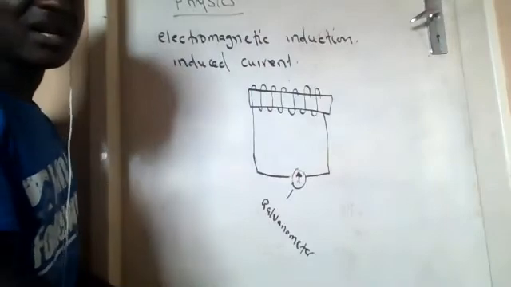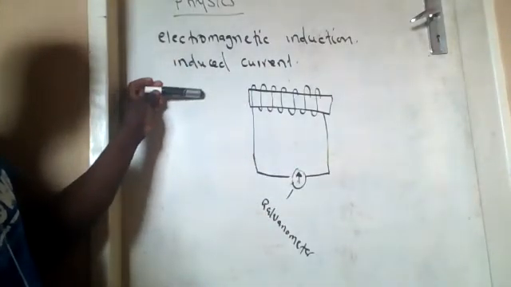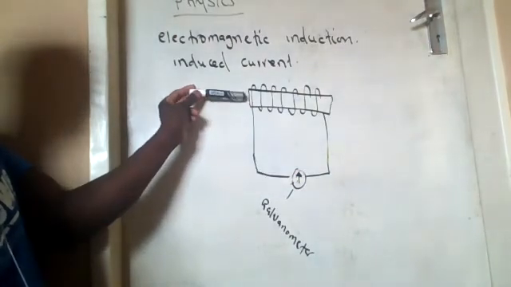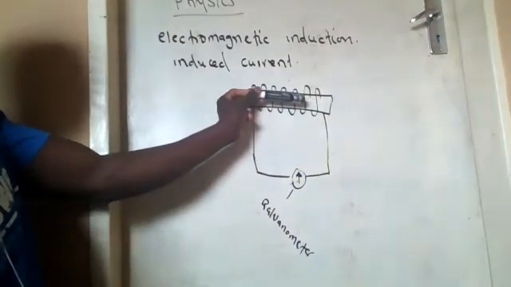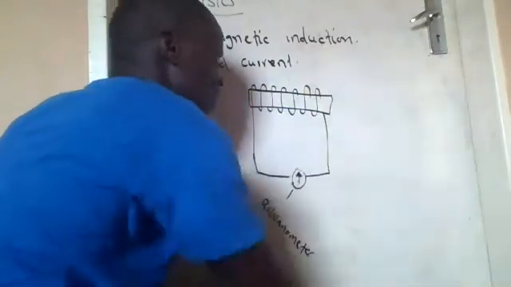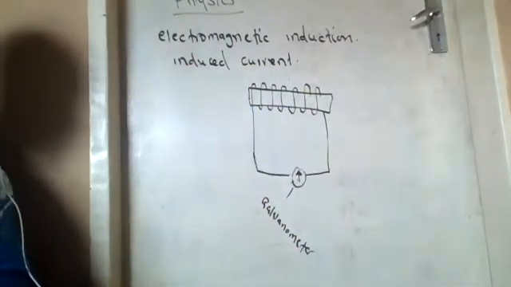So let us see what happens. Three situations. The first is the magnet going inside of the solenoid. The second, the magnet is stationary inside. The third, the magnet being withdrawn from the solenoid.